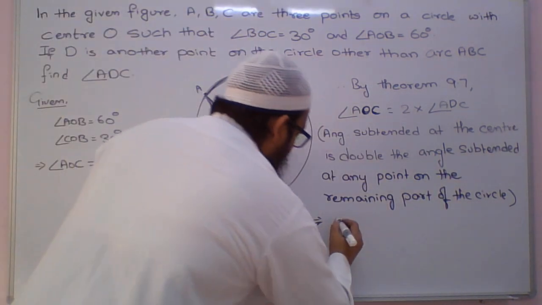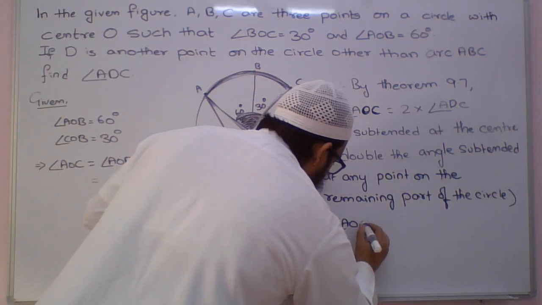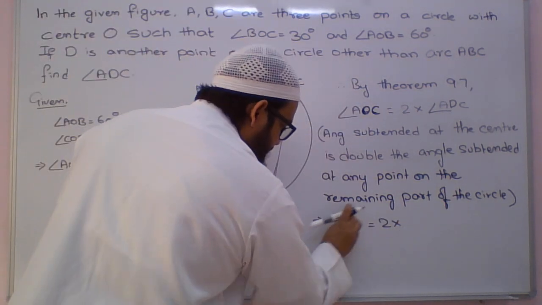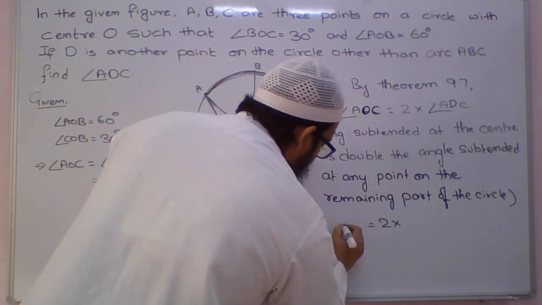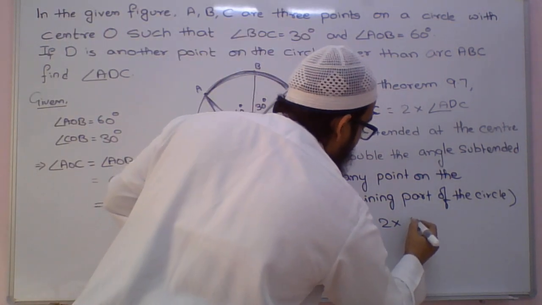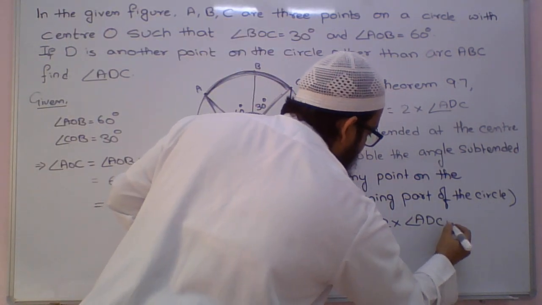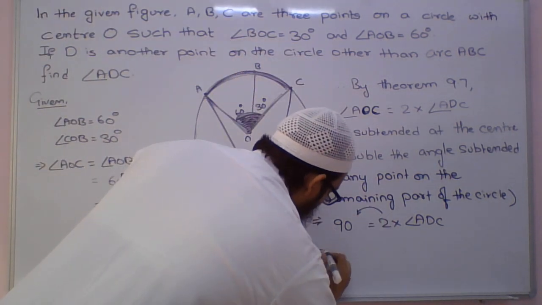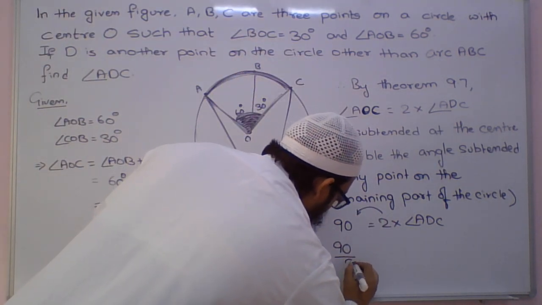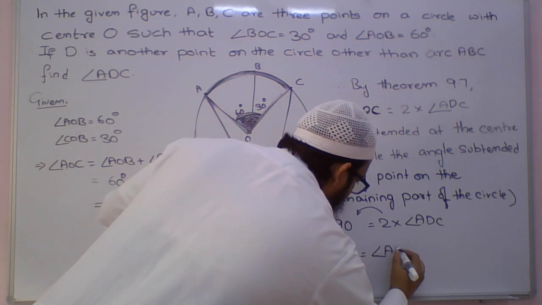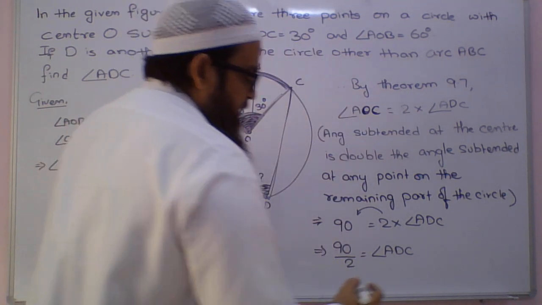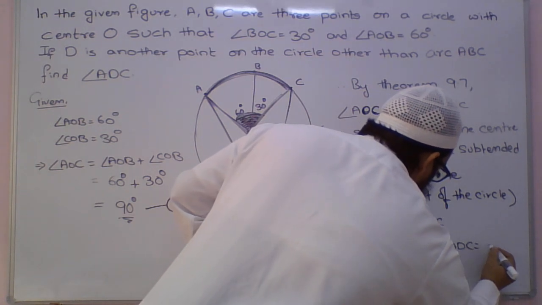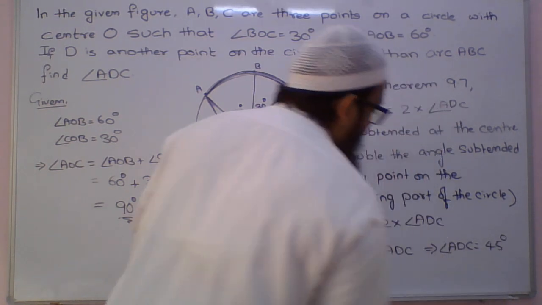So angle AOC is equal to 2 times angle ADC. Angle AOC is equal to 90 degrees, so 90 degrees equals 2 times angle ADC. Just transpose this 2. That implies 90 divided by 2 is equal to angle ADC. So angle ADC is equal to 45 degrees.